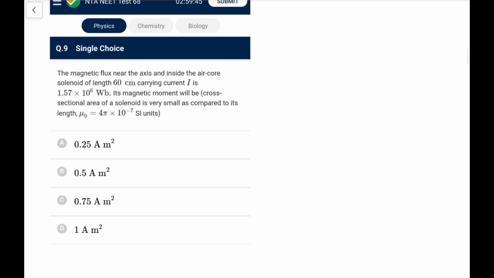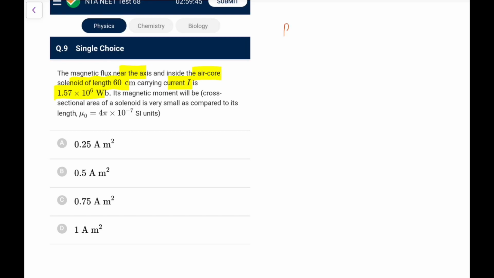Next one. The magnetic flux near the axis and inside the air core solenoid of length 60 cm carrying current I is this. Its magnetic moment will be. Now magnetic flux near the axis and inside the air core is this. So what we can have, magnetic moment you directly write as NIA.